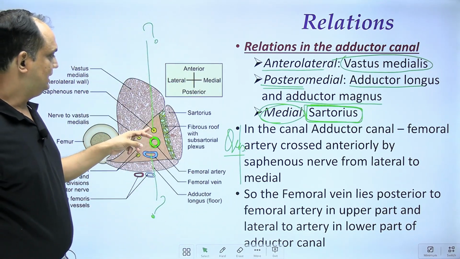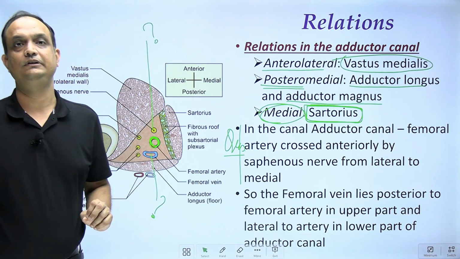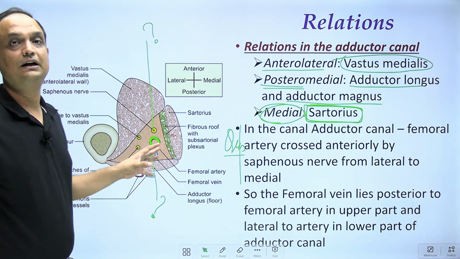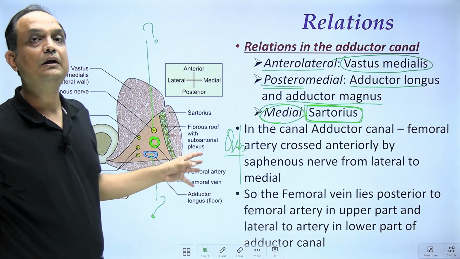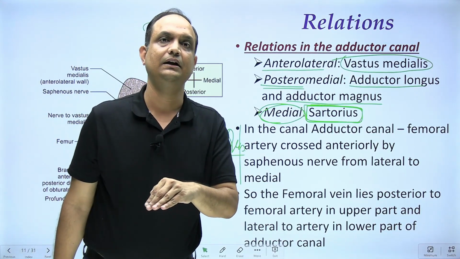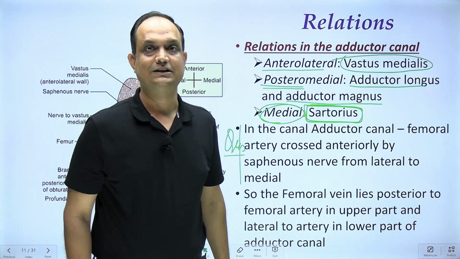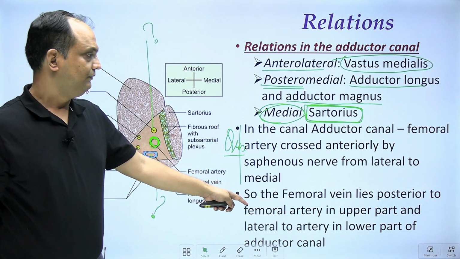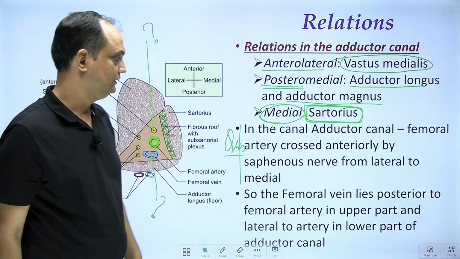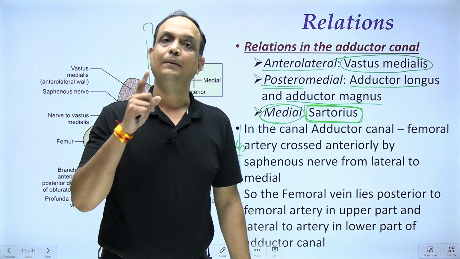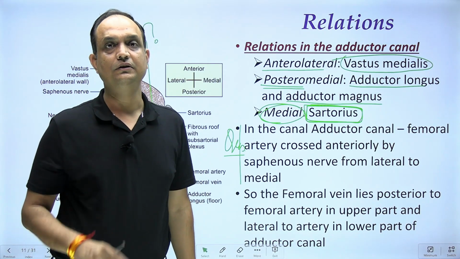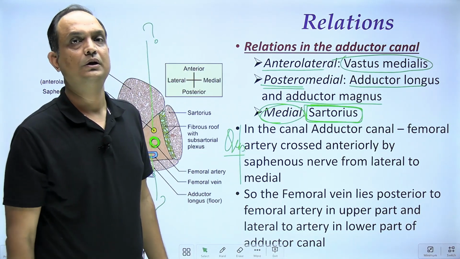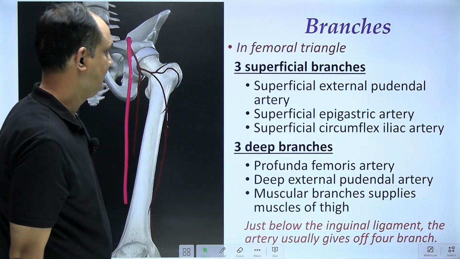In the adductor canal, you can see the saphenous nerve, which is anterior to the artery, but it does not remain inside the adductor canal. It ultimately comes out on the medial side to supply the medial aspect of the leg. Clear? Then the femoral vein, as I already told you, has a different relation in the upper part. It is medial to the artery, but in the lower part the vein goes behind the artery.